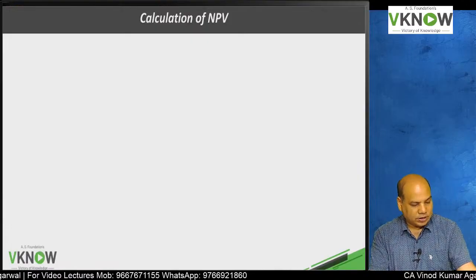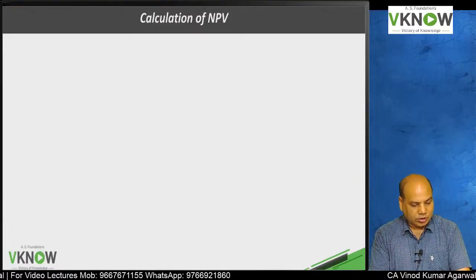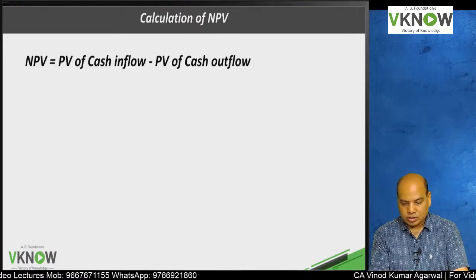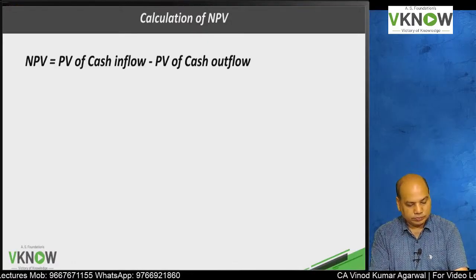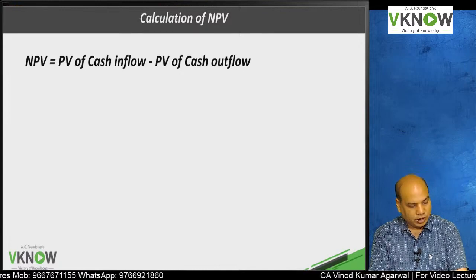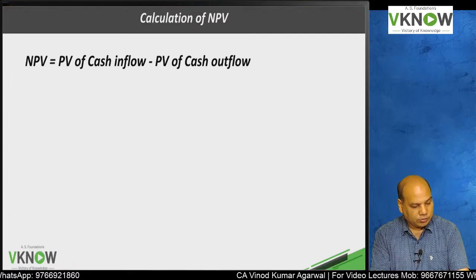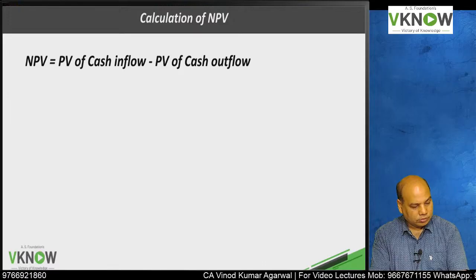This is one of the answers required. NPV equal to PV of cash inflow minus PV of cash outflow.